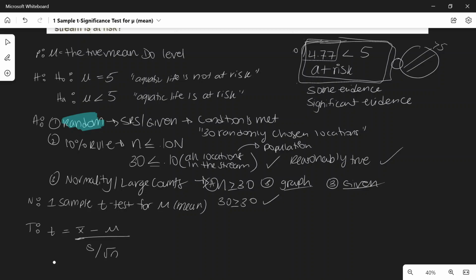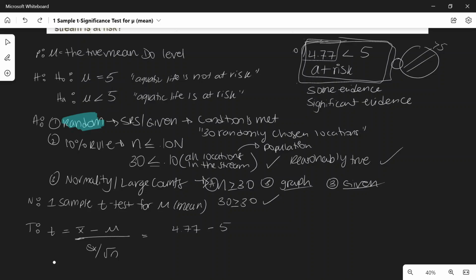Our s of x is the standard deviation. So we have those numbers. x bar is 77. Mu is 5. Whatever these two numbers are, that is the number that you put in here.